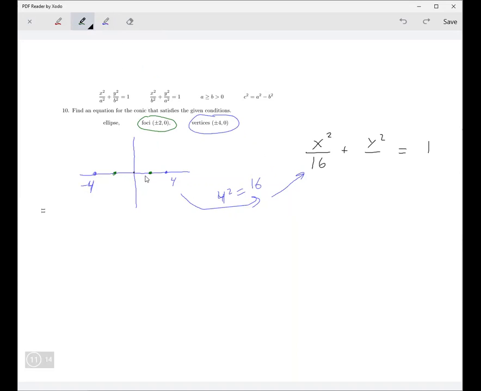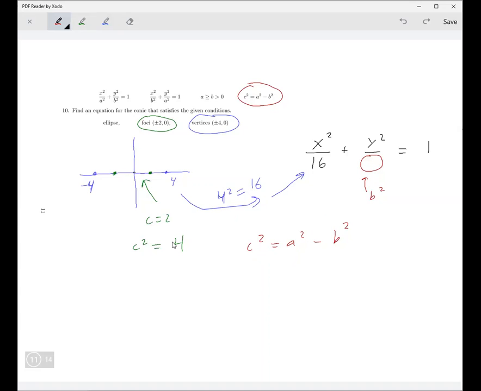Now, the foci: this distance here is 2. So c is 2, which means that c squared is 4. Now to find this guy right here, we use this equation here. So c squared is a squared minus b squared. B squared is going to go there.